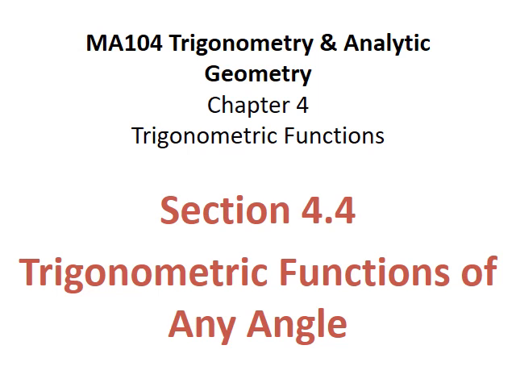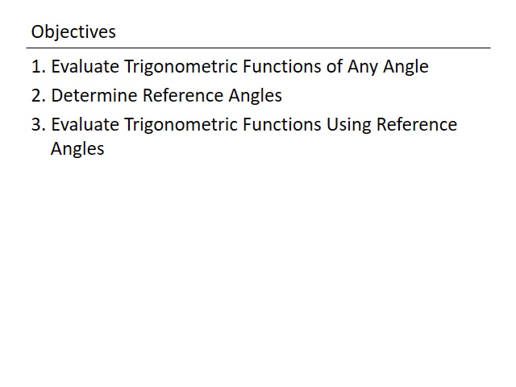This is section 4.4, trigonometric functions of any angle. Here are the objectives of this section, and I actually really like this information because it all comes together. But the important thing is that we're going to evaluate trig functions of any angle and not just acute angles like we had previously.